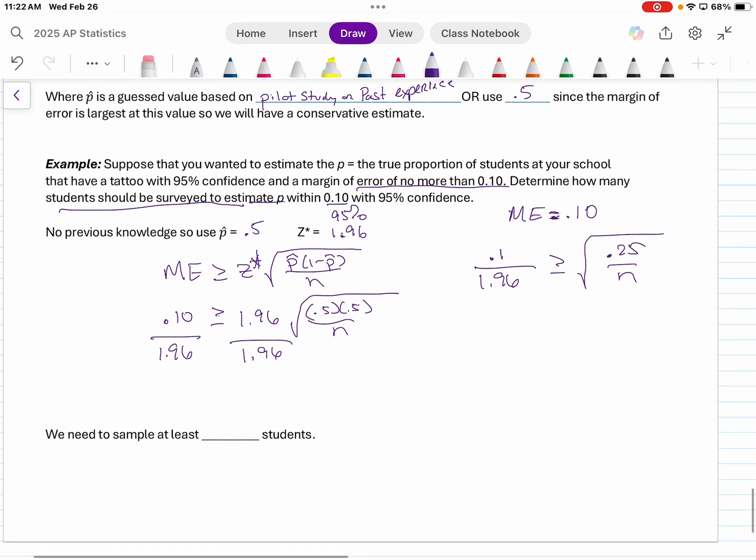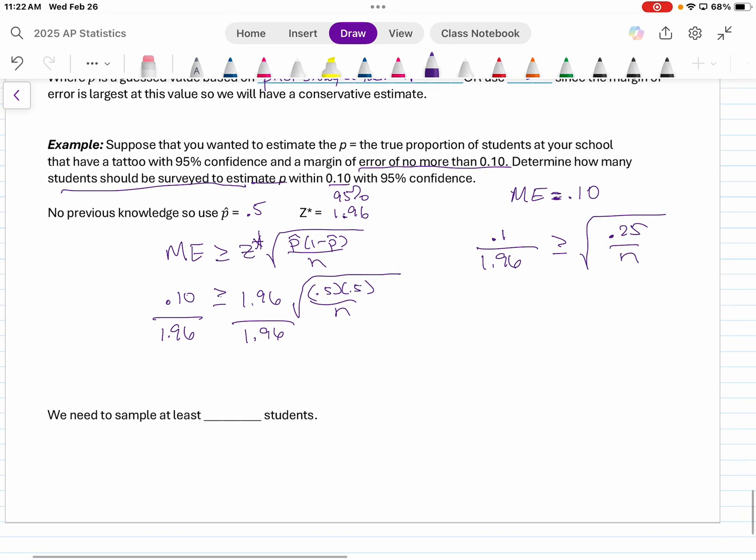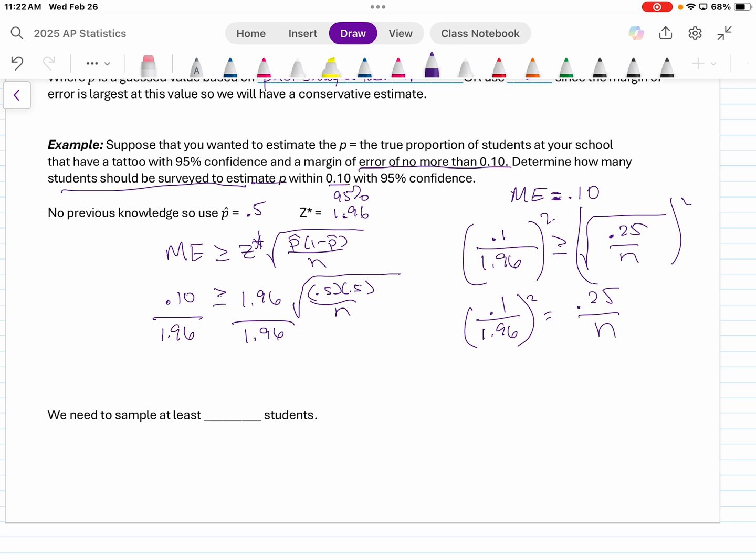Again, I'm going to let the calculator do all the math at one time at the last stage. Now, how do we get rid of a square root? Yeah, so we square it. So that tells me I have 0.1 over 1.96, squared, is equal to 0.25 over N.